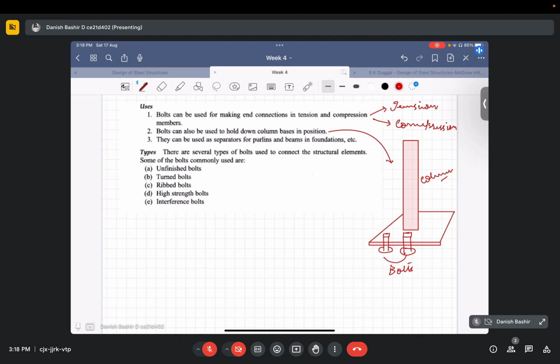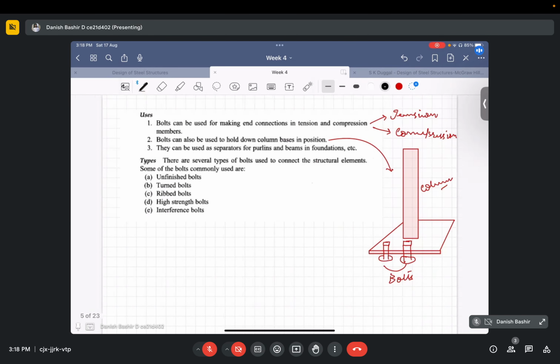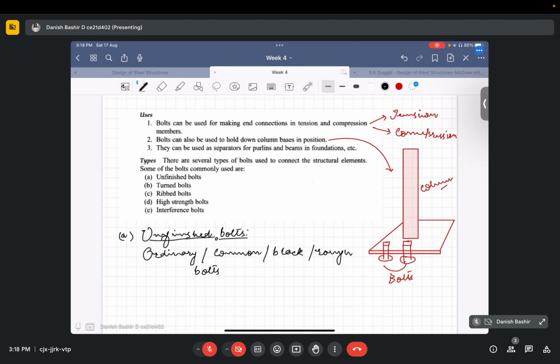Okay, I will write this thing for you. So first is unfinished bolts. Unfinished bolts, they have different names. They can also be called ordinary, or we call common, black, or rough bolts.